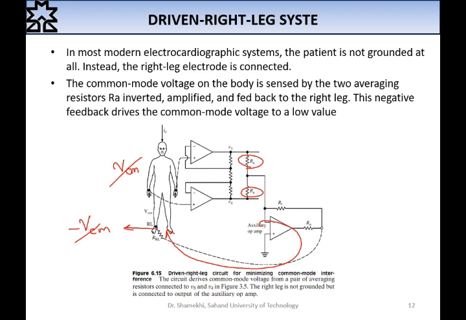This is a good system to generate a virtual ground, because this driver will remove all the common mode on the body and the overall voltage on the body will be zero.